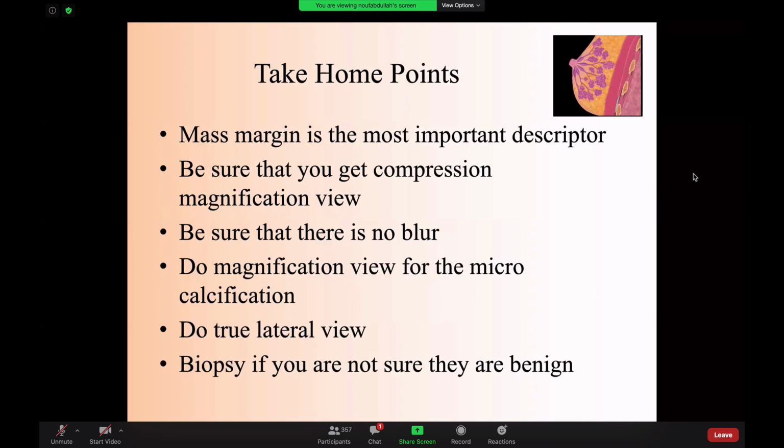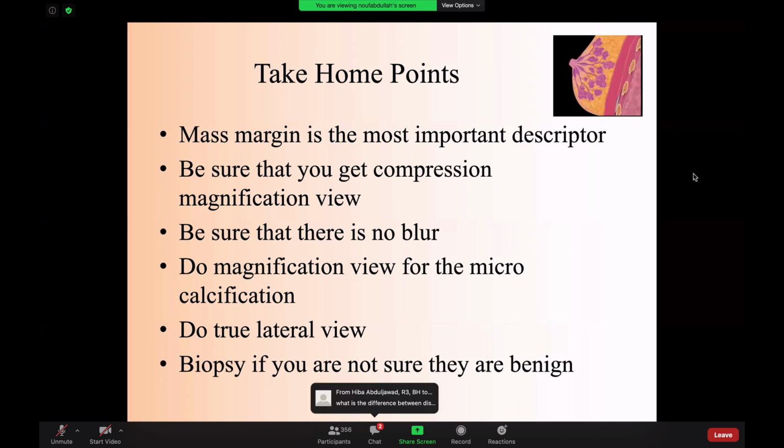So the first part, take-home points from this. You have to keep in mind that mass margin is the most important when you're looking at the mammogram. Be sure that you look at the compression view and tell your examiner, I want to do a compression view or tomosynthesis view to look at the margin. Be sure that the technique is good.